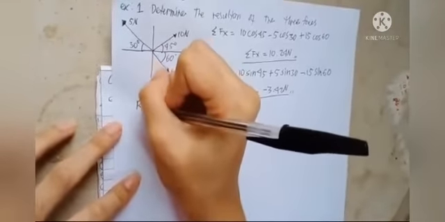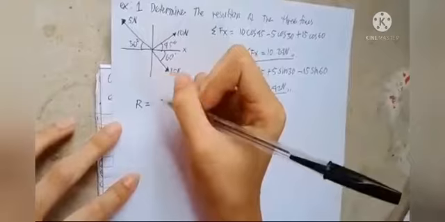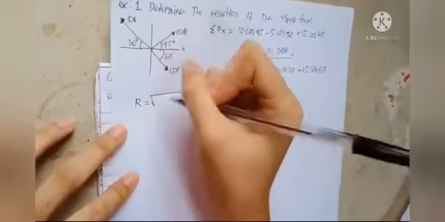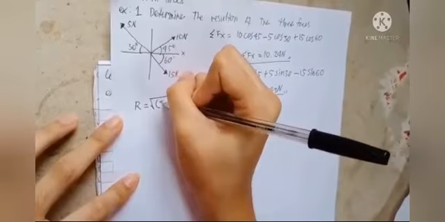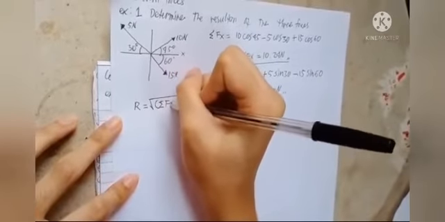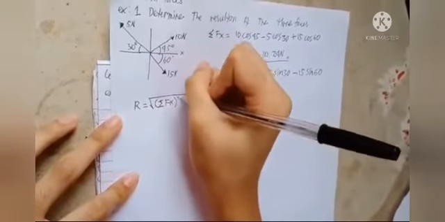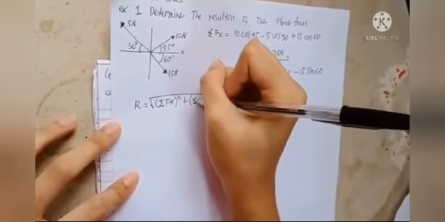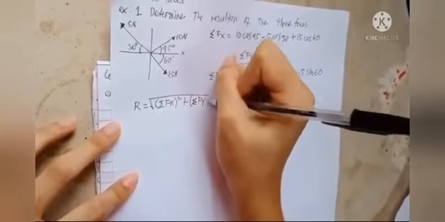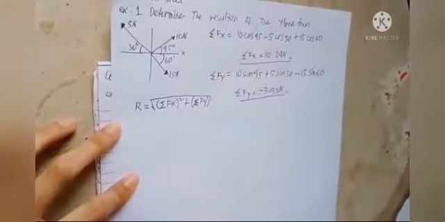For the resultant, this is the equation: square root of sigma f of x squared plus sigma f of y squared.